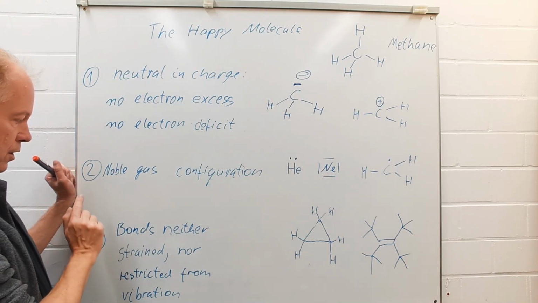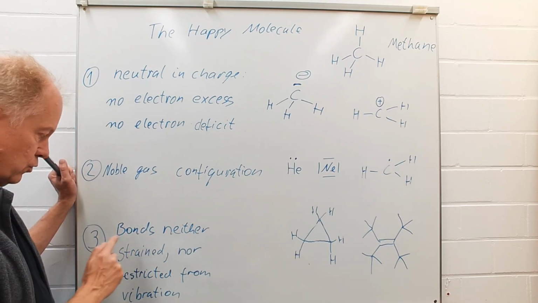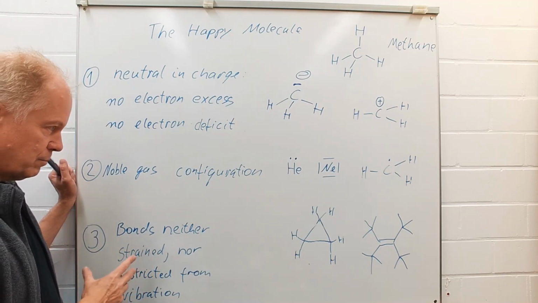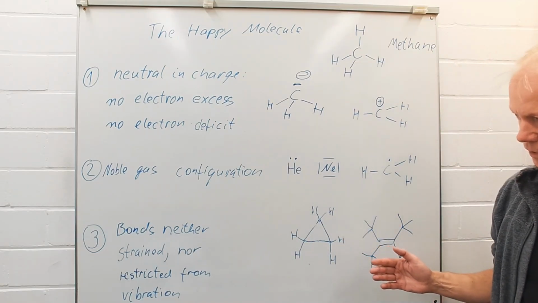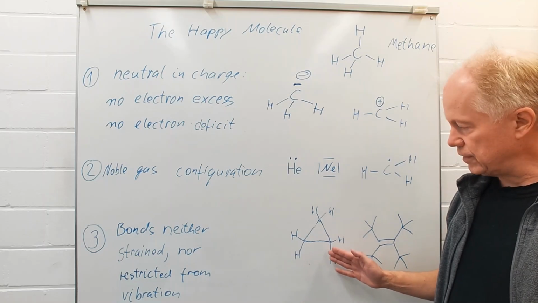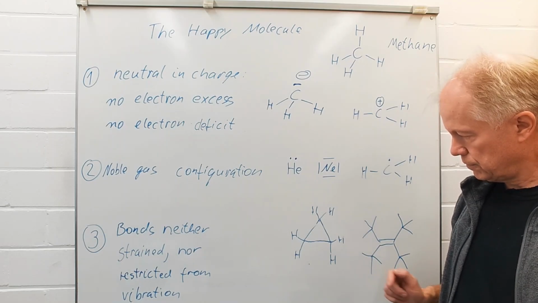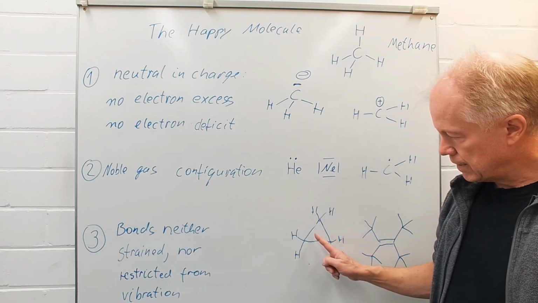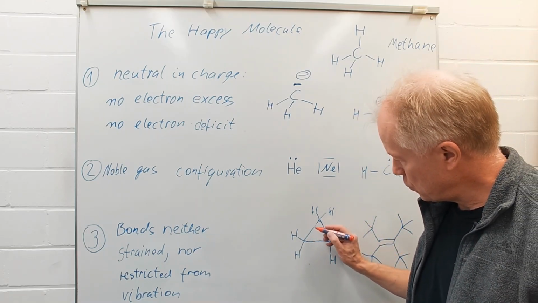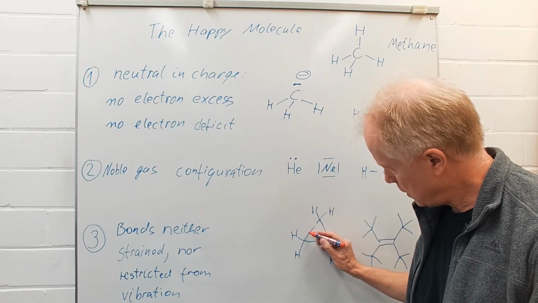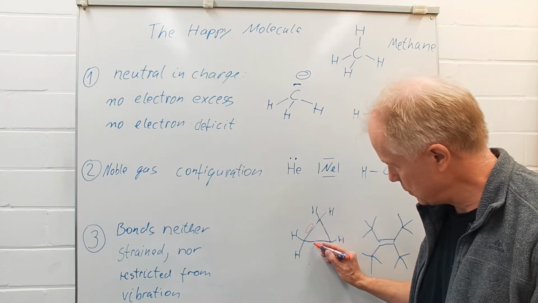Third point, bonds should be neither strained nor restricted from vibration. So here we have a case of strained bonds in the cyclopropane molecule. The electron density is located somewhat outside the direct connection between those carbons.